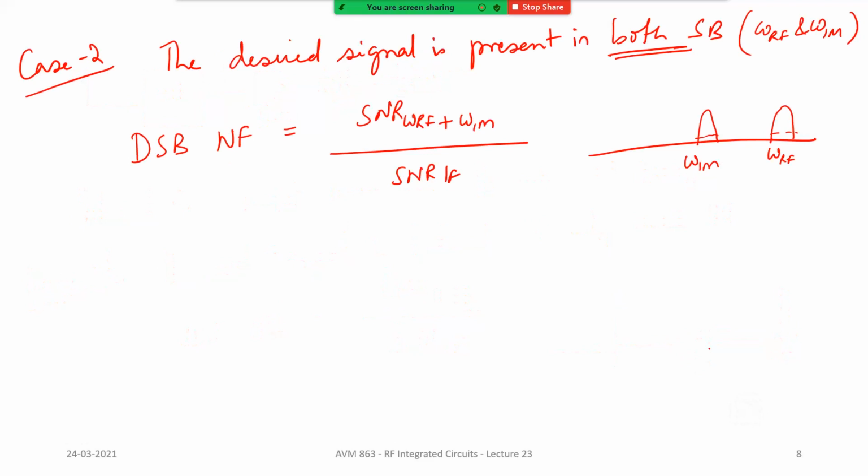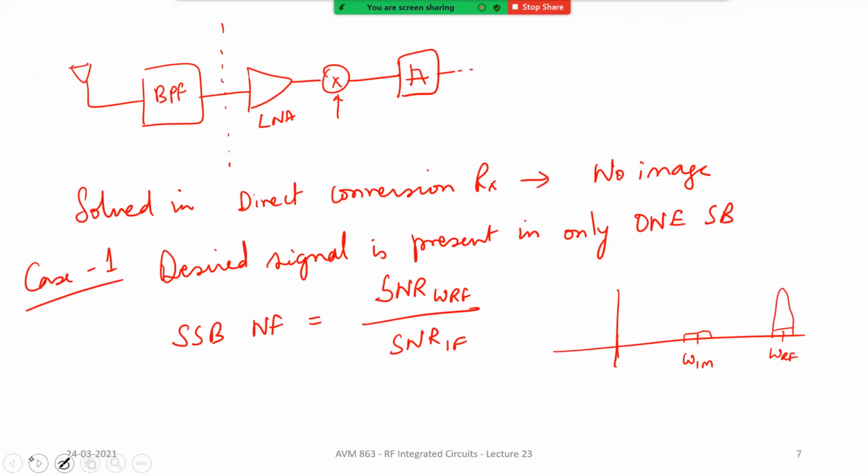Obviously the DSB. If the signal is the same here, you have twice the signal power and of course twice the noise power. Here you have a certain amount of signal power and noise power, and there you have two times the signal power and two times the noise power. In the previous case you have one signal power and two equivalent noise powers.